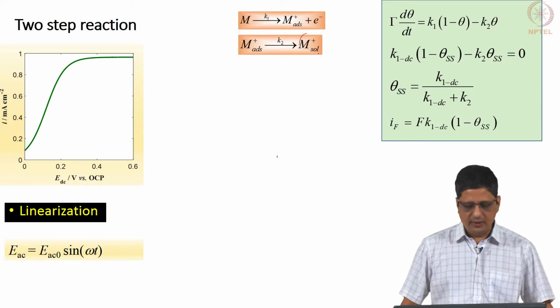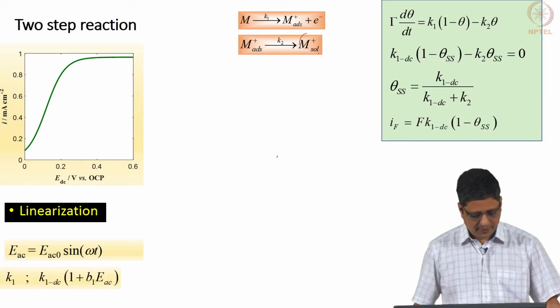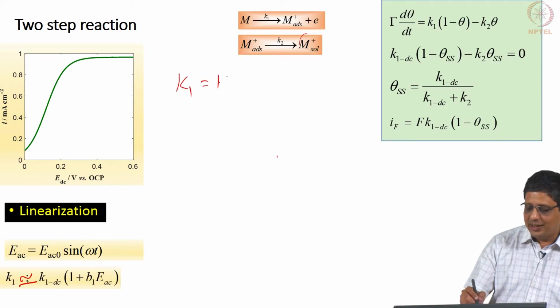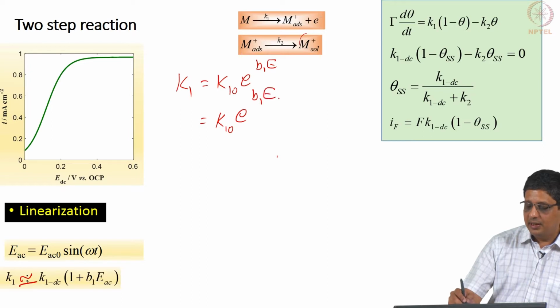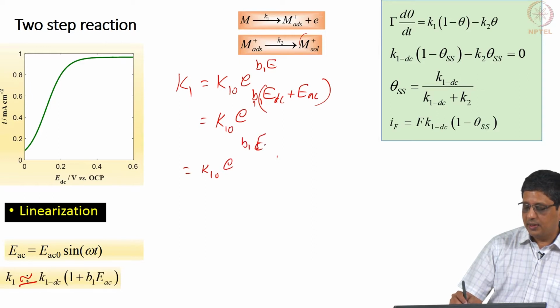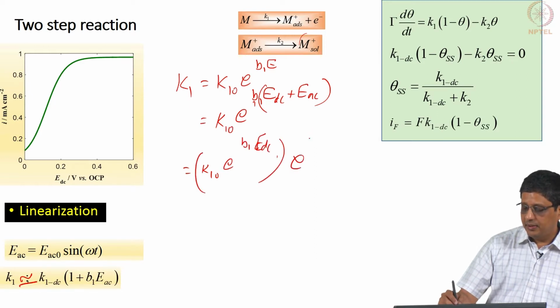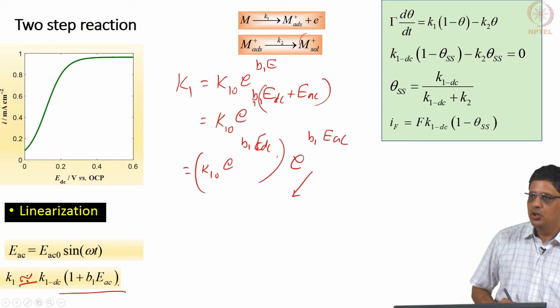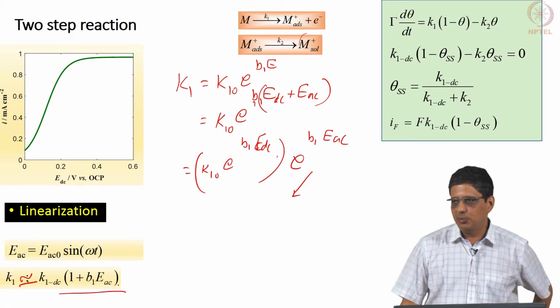We are going to assume EAC0 is small, and we know that we can write K1 as K10 e power B1 e, and in general we will write it as e power B1 (EDC plus EAC), where EAC is EAC0 sin omega t, and in general we know we can write it as e power B1 EDC, and this can be approximated by 1 plus B1 EAC when EAC is small.